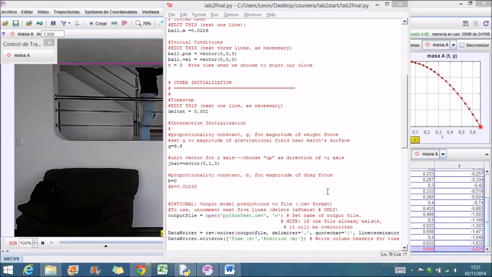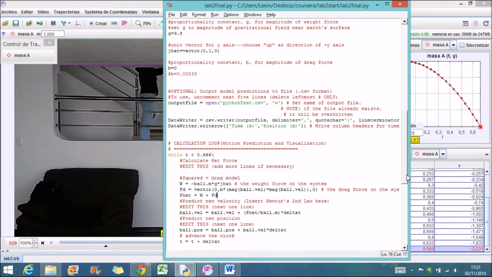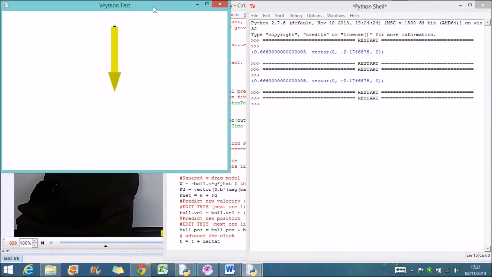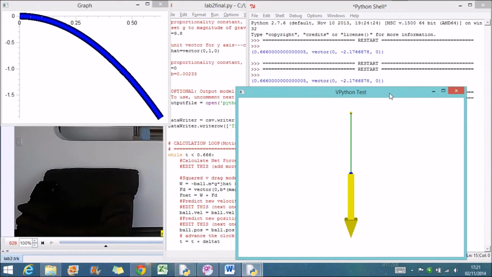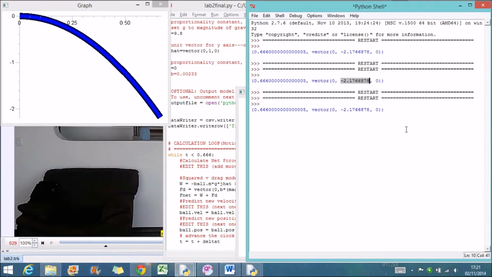This model doesn't consider the drag force, therefore b equals 0. Then the net force is just equal to the weight. We observe the results. This is the final position.